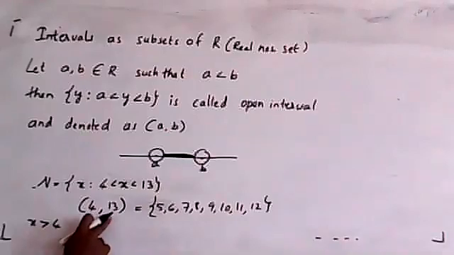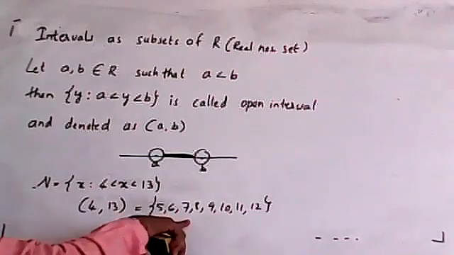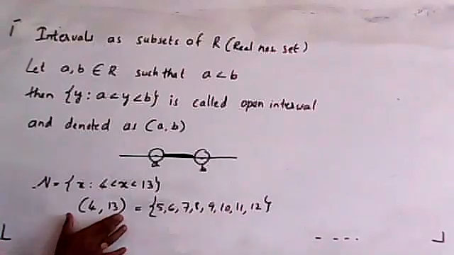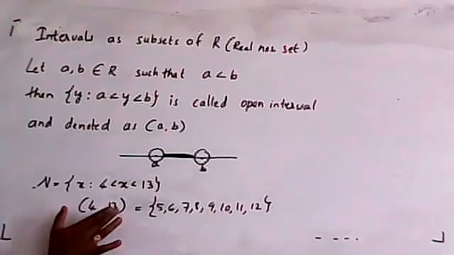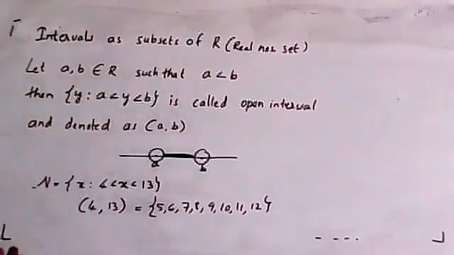So here you can understand why I used the open bracket. The sets can be represented with the help of intervals that I'm going to explain today. My main intention is that we can represent the whole set in this short way, in the form of intervals, as subsets of real numbers.